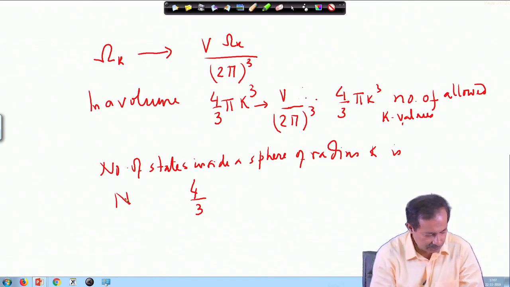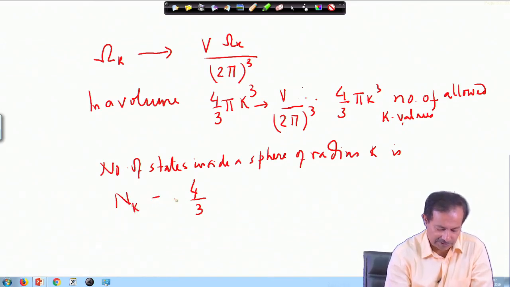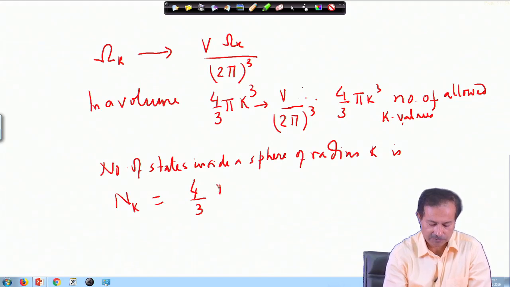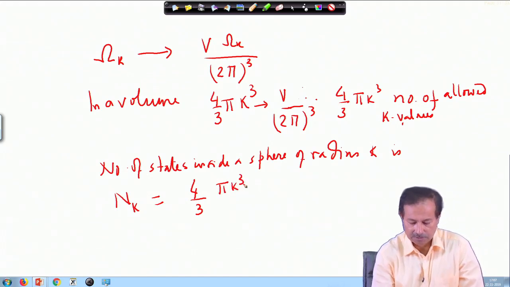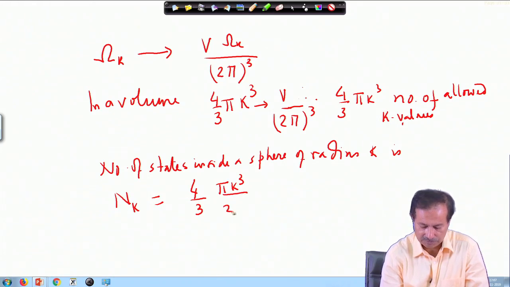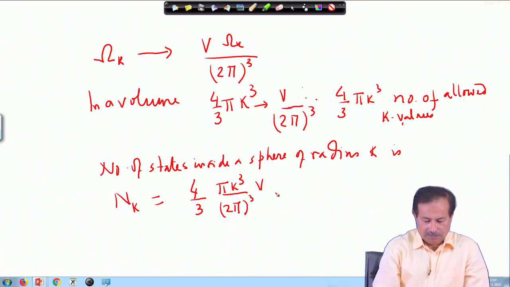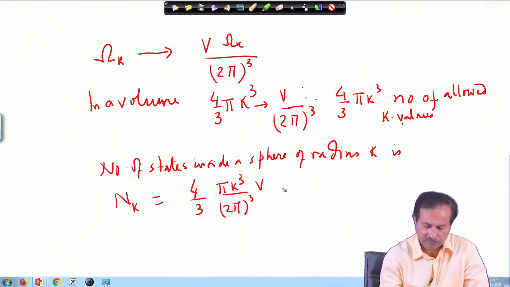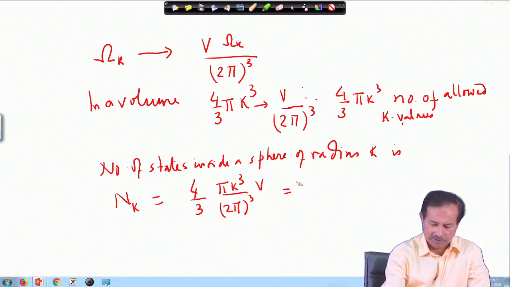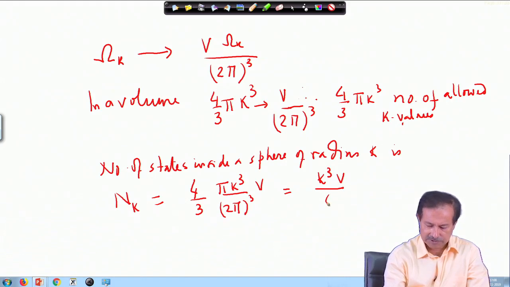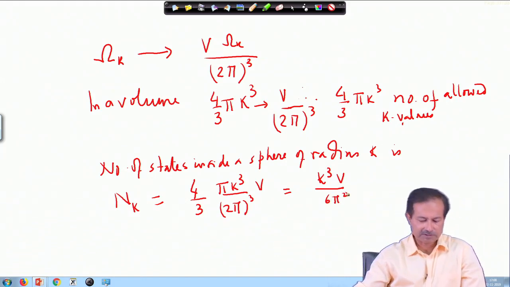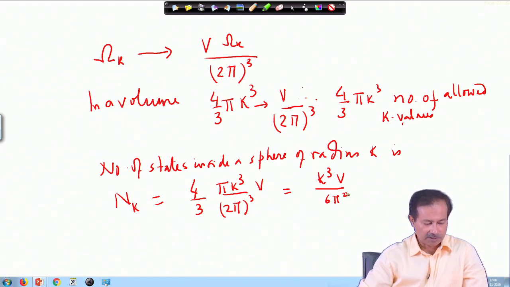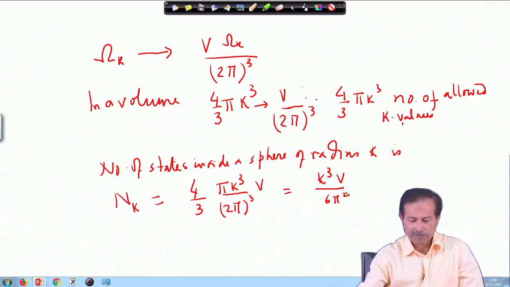So, let me call number of k states represented by n sub k, 4/3 pi k cube into V by 2 pi cube. Okay. So, this gives me k cube into V by 6 pi square. So, that is the number of k values that are allowed. So 4, 2, 6, yeah, this is k cube V by 6 pi square.